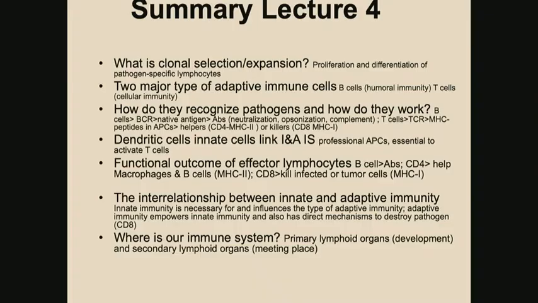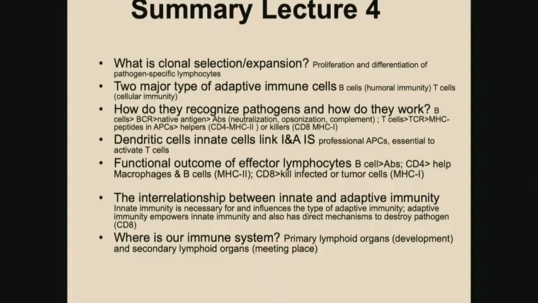But the only cells that have the capacity to give them all the information and activation for them to go into clonal expansion and differentiation are the dendritic cells. And so the only cells that can select that clone of naive T cell to become an effector is a dendritic cell. Is that clear?